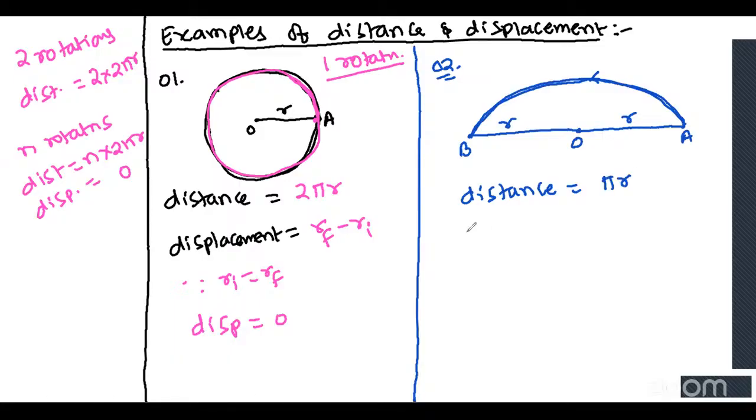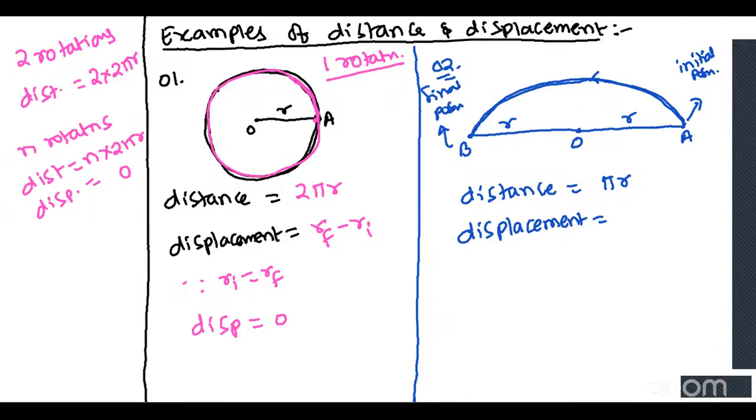Okay. Displacement. A is the initial position. B is the final position.